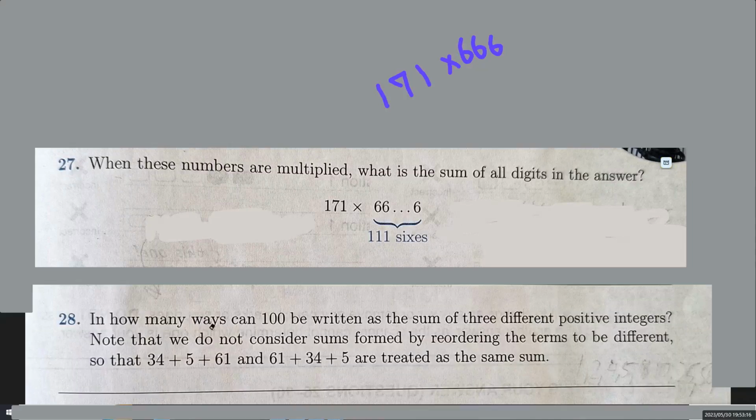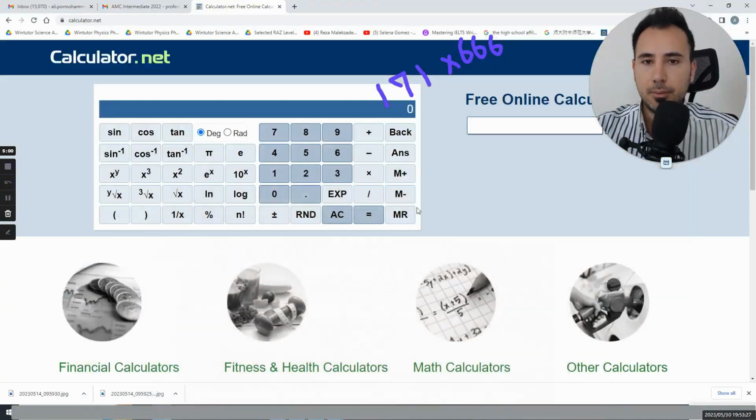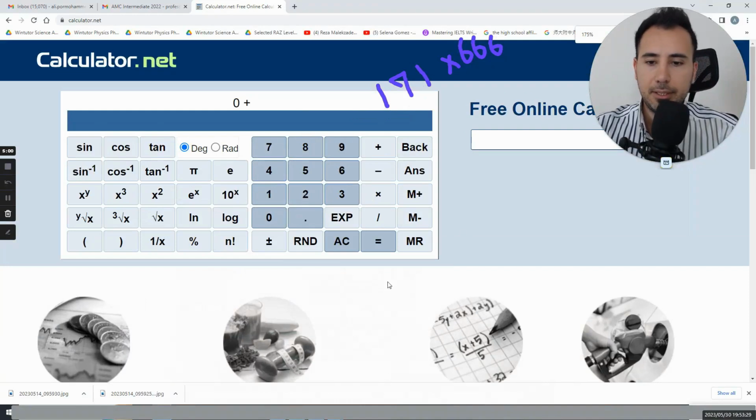Let's go. I'm going to clean these parts that we have. Keep that one. And remember, we have 111,666. Good. So now you see the calculator here.